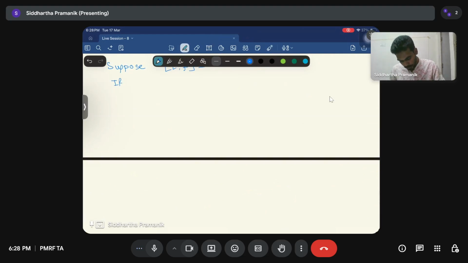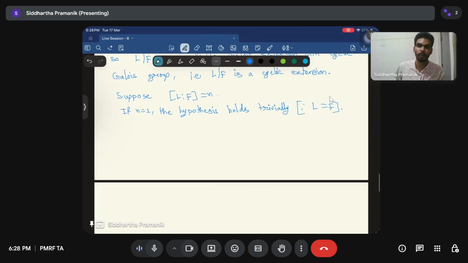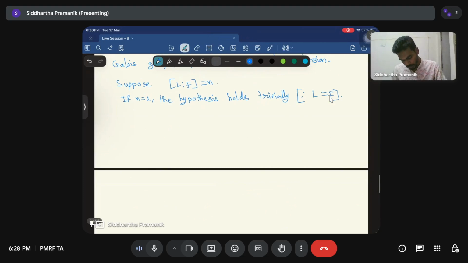So if n is 1, the hypothesis holds trivially, because L is equal to F. So it has no other intermediate fields. So this is one possibility, n equals 1. Now assume n is not 1. Then what can be n?